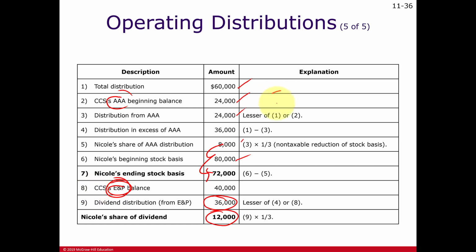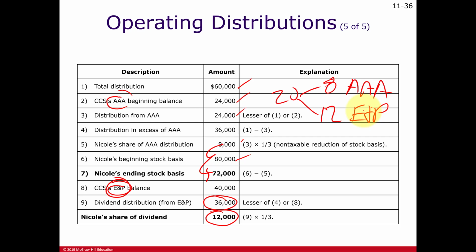So of the total $20,000 received by Nicole, $8,000 is tax-free. Again, this is coming from the AAA account. And then the rest, $12,000, is coming from the earnings and profits, taxed as regular dividends.